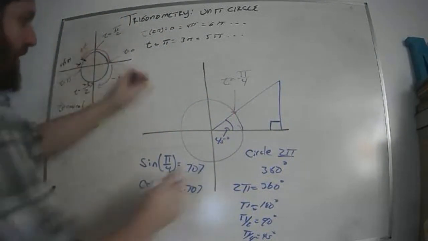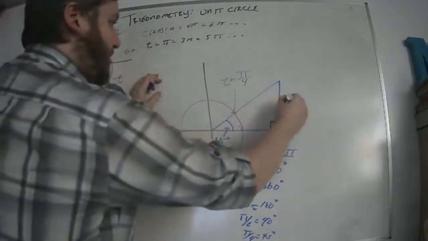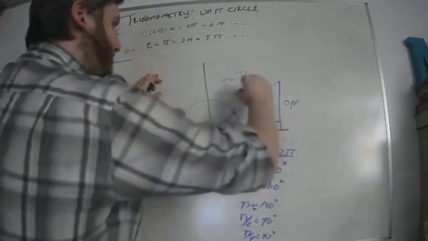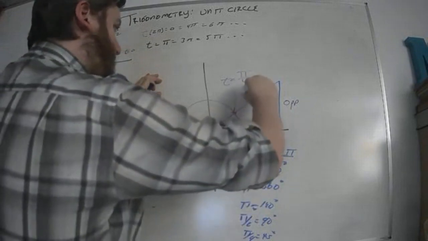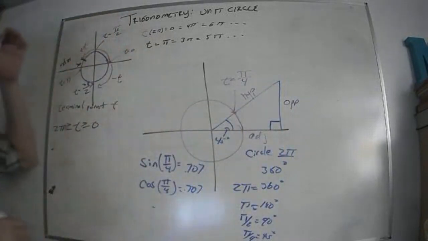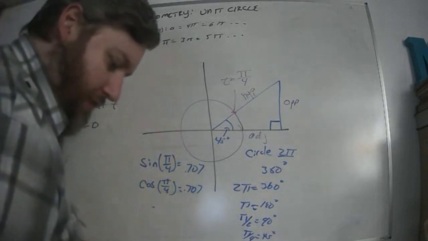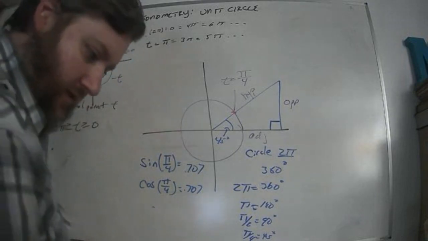And we have an angle. This angle has an opposite side. It has an adjacent side. It has a hypotenuse. And there is a way to relate these directly.